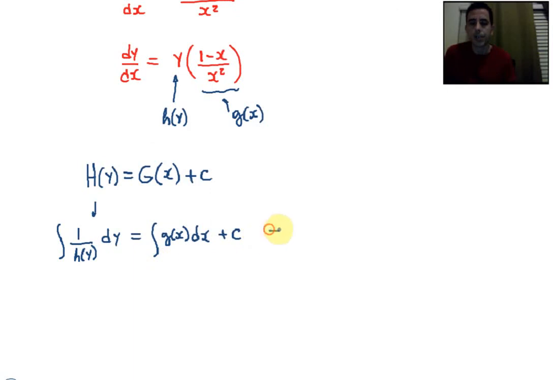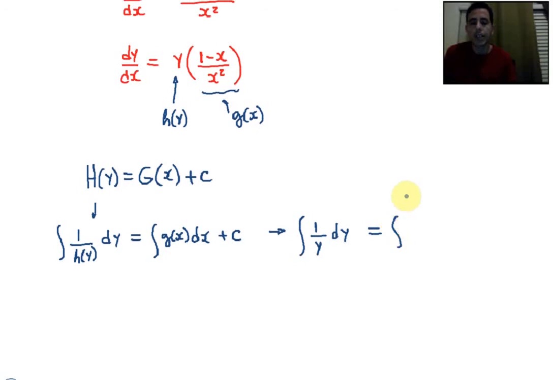Okay, so let's substitute the functions in there. So this would be the antiderivative of 1 over y dy. On the other side is the antiderivative. We can find the antiderivatives separately and then put those in there later. But since these integrals will be easy, we can do it all together. So the antiderivative of (1 minus x) over x squared dx, and then plus a constant.